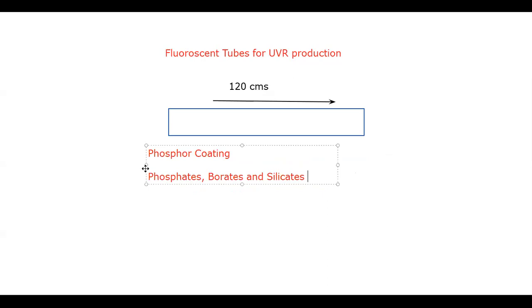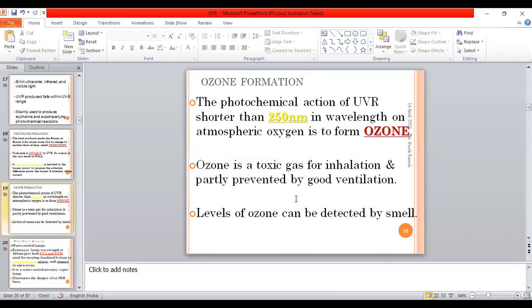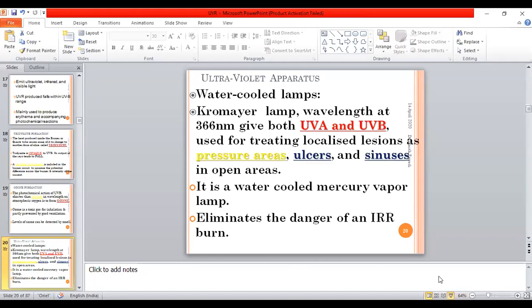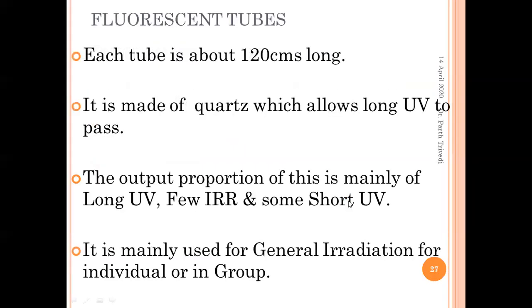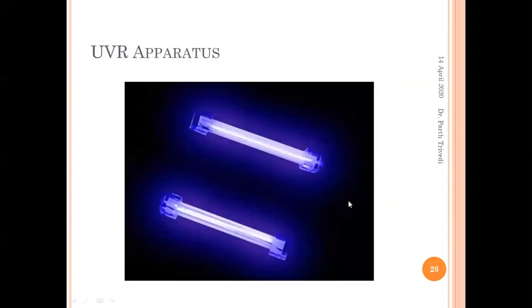So this is why we are using fluorescent tubes. Mercury vapor lamps have a basic disadvantage that they are producing a certain proportion of short ultraviolet rays, while we require long UVRs.